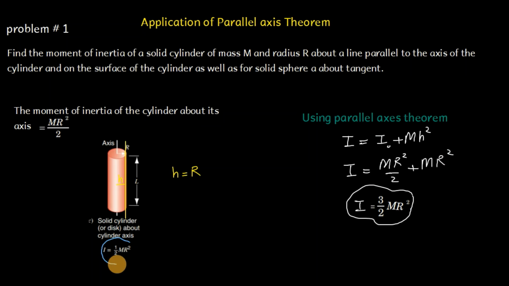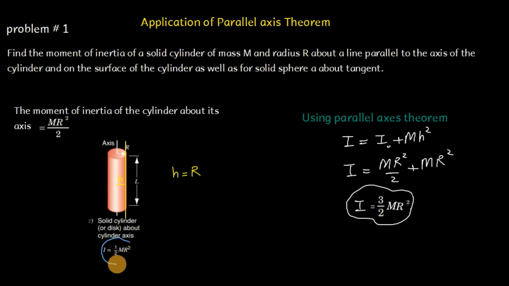The total inertia about this yellow line, I equals I naught, the rotational inertia of the cylinder about its center of mass, plus Mh square. I naught is what? This is the rotational inertia of the cylinder about its center, so that is MR square by 2, and M is the mass of the cylinder, and h square is what? The perpendicular distance between these two, which is equal to the radius of the cylinder.